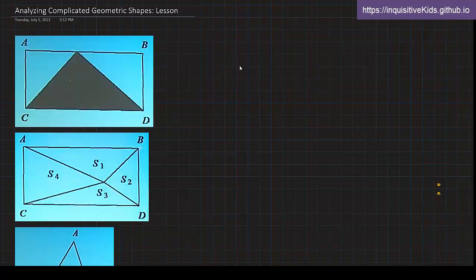So here's our first geometric model, and it's quite a simple one. We see a rectangle ABDC, and the reason it's not ABCD is because the C isn't here. So ABDC, that's a rectangle, and we see that there's a shaded area, and that is a triangle. The triangle takes up an entire side, and its other vertex reaches all the way to the other side.